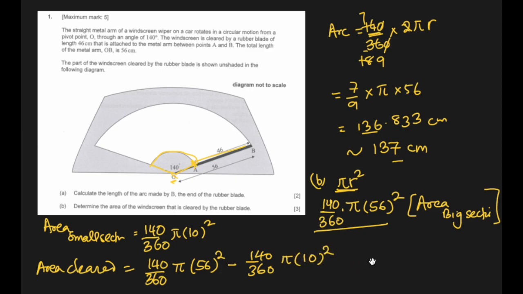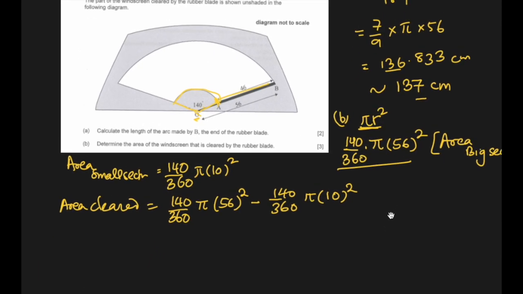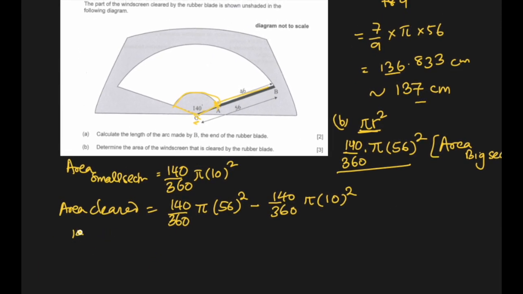If you want to make it simpler, we can do this. Take 140 over 360 pi common from both, because both of them are having this, and we will write just 56 square minus 10 square inside. So we can cancel the zeros and 7 and 36 here.